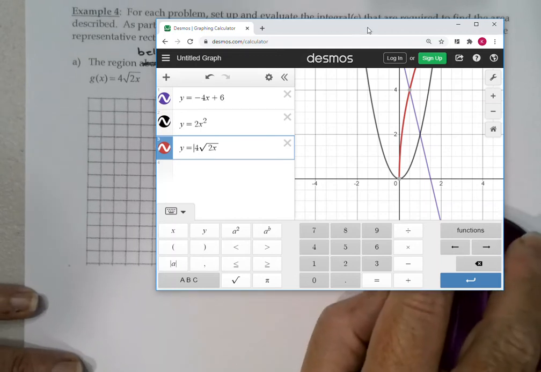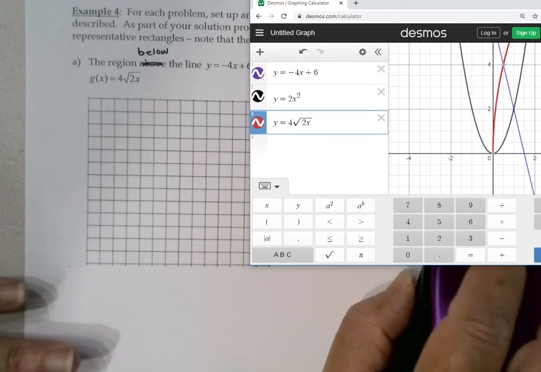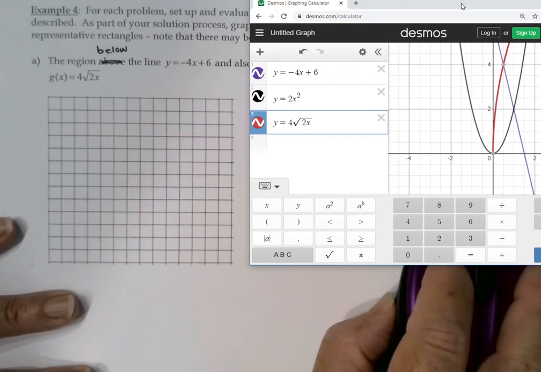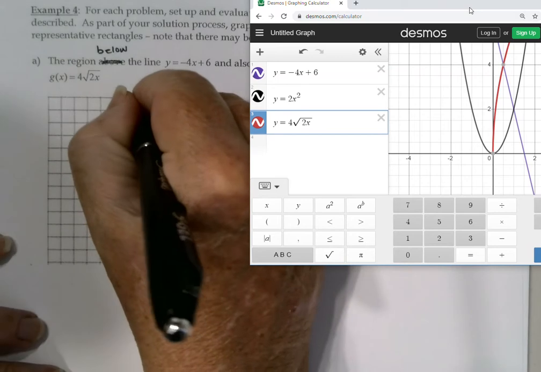I'm going to go ahead and see if I can move this out of the way a little bit here, and see if I can sketch that picture over here.